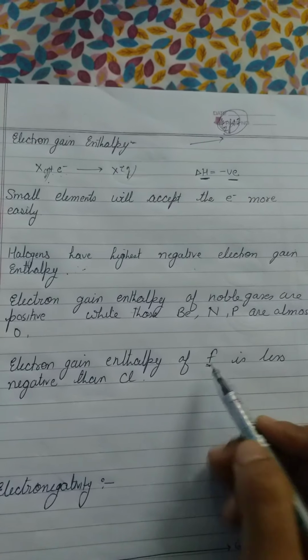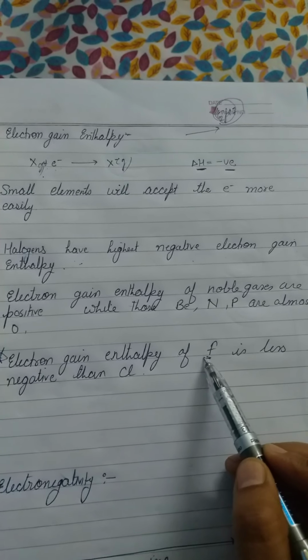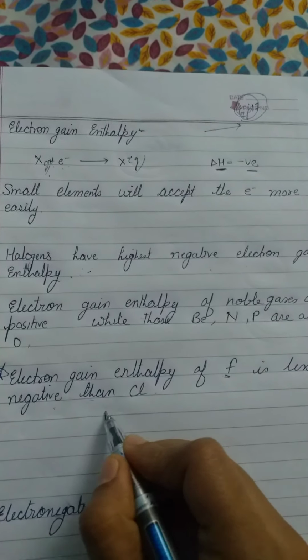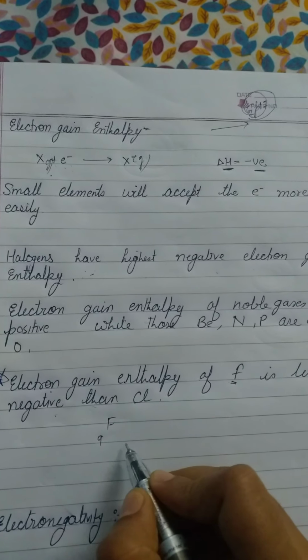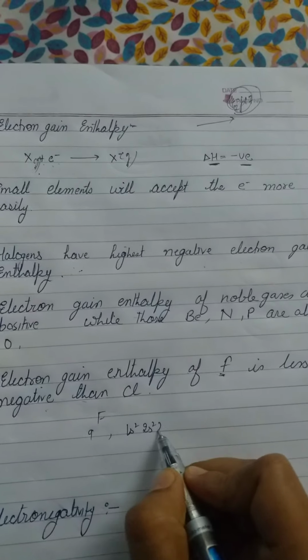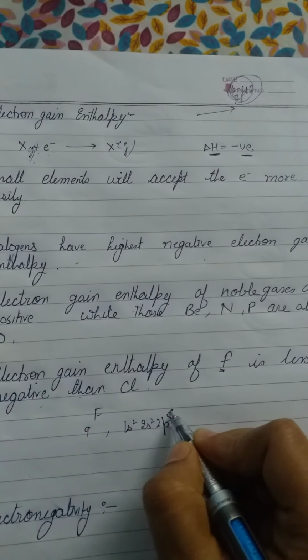So why do we have an exception over here, that is, the electron gain enthalpy of fluorine is less negative than chlorine. Now you can see in case of fluorine we have atomic number 9 and electronic configuration 1s2, 2s2 and 2p5.